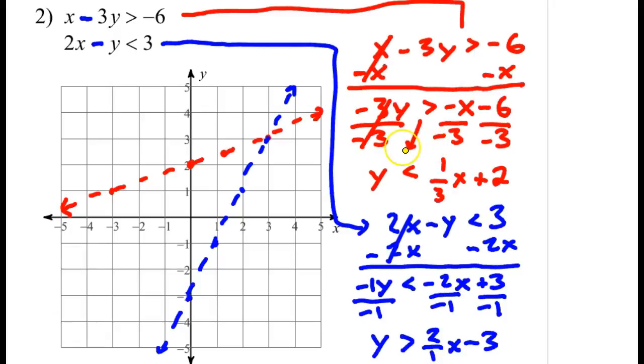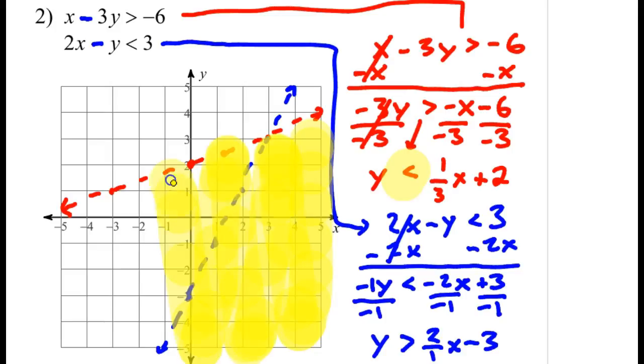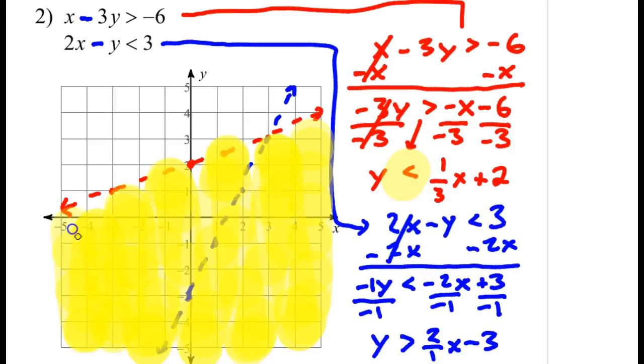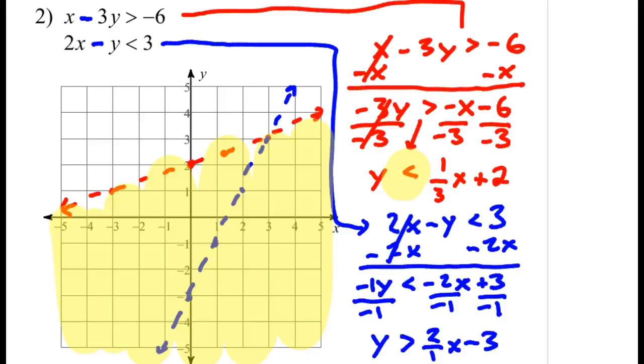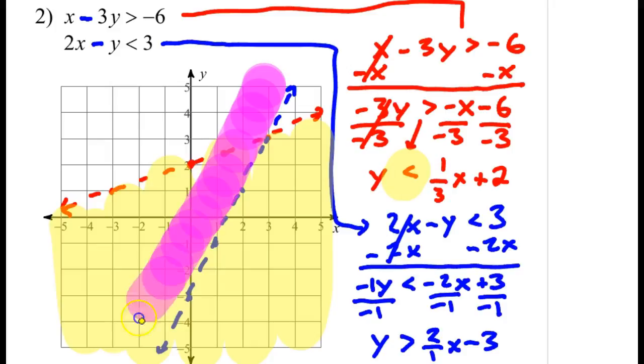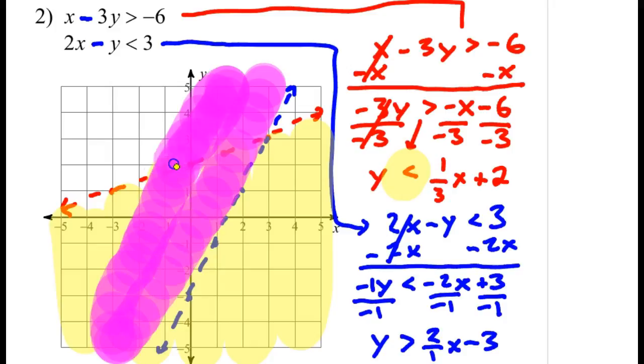Everything below the red line, so that's all of this. And also everything above the blue line. So that's all of this. And then you can see right here where the shading overlaps.